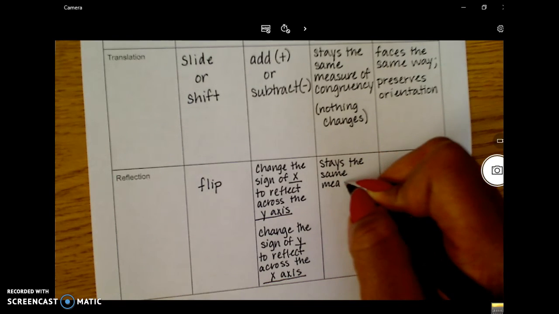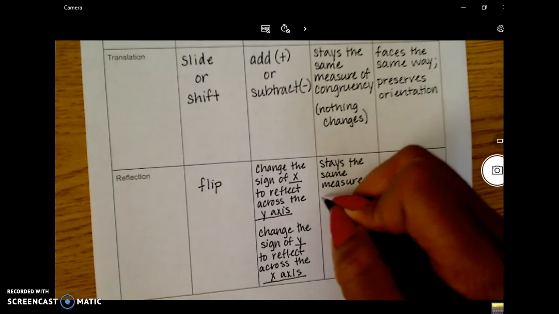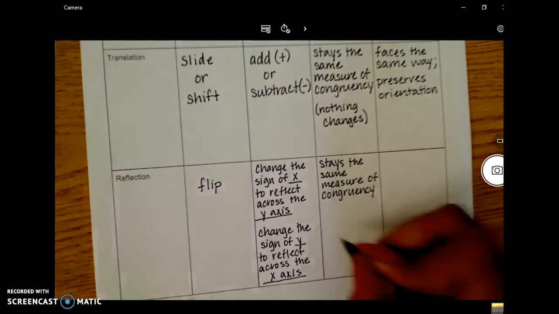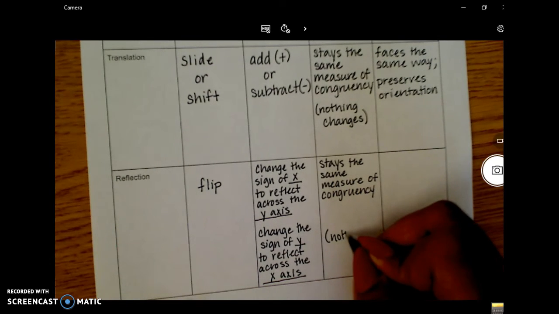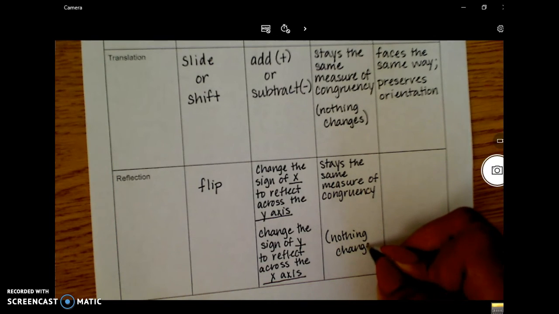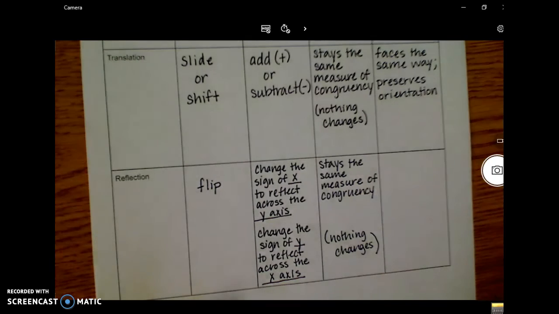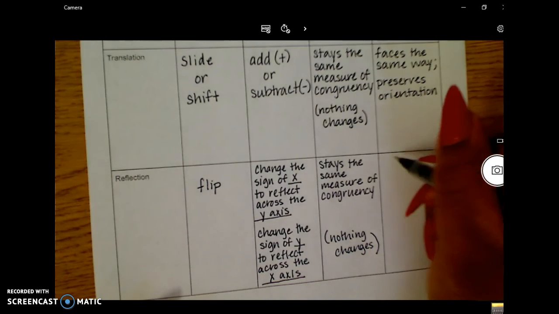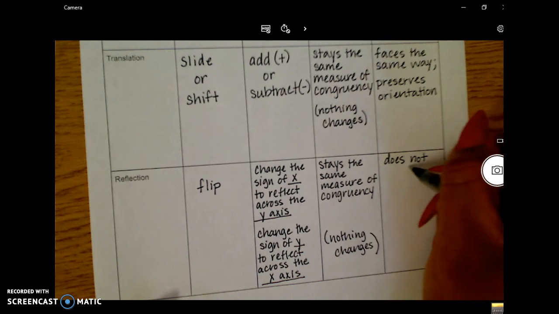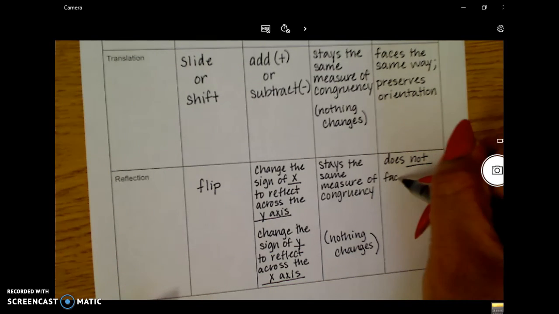We know that the same measure of congruency is academic language that essentially means nothing changes. So we're going to mark ourselves a note that nothing changes. And what happens to the orientation? It does not face the same way.